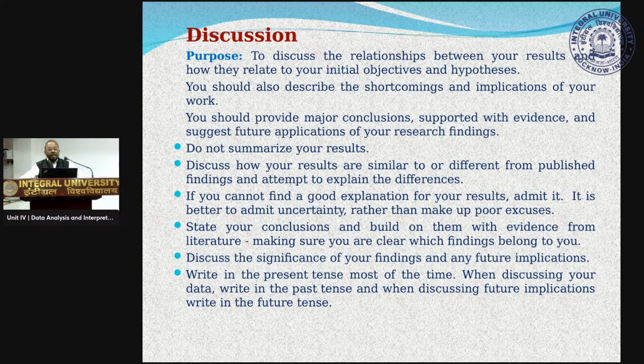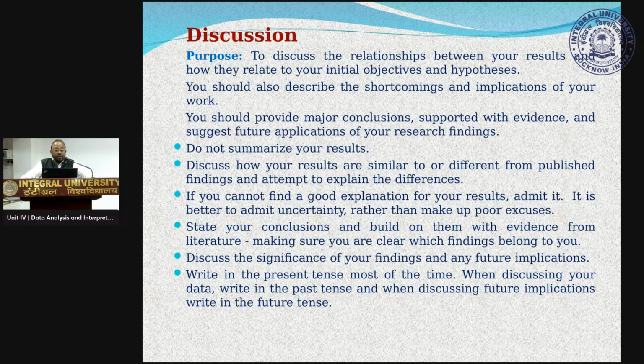So you should provide major conclusions supported with evidence and suggested future applications of your research findings. So do not summarize your results here. Discuss how your results are similar to or different from the published findings, and attempt to explain the differences in the secondary research. If you cannot find a good explanation for your results, admit it clearly.